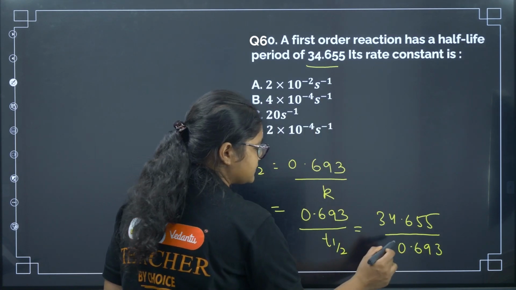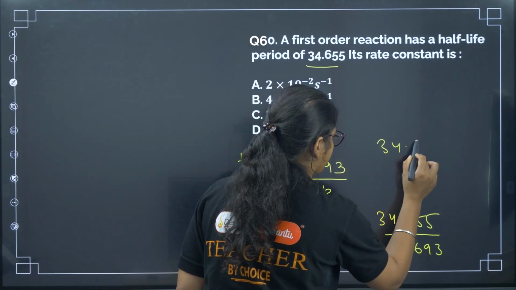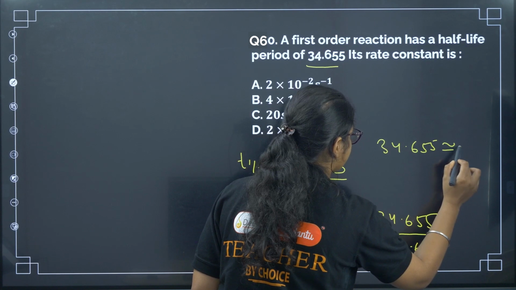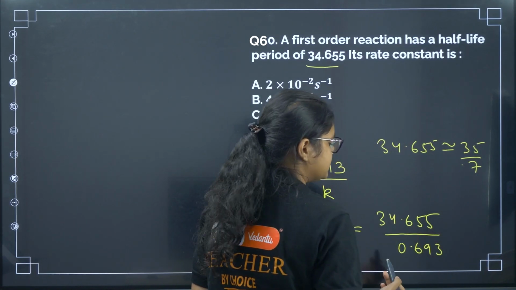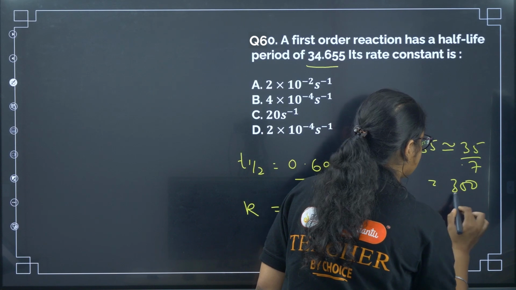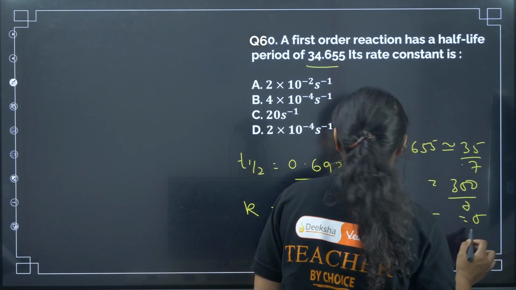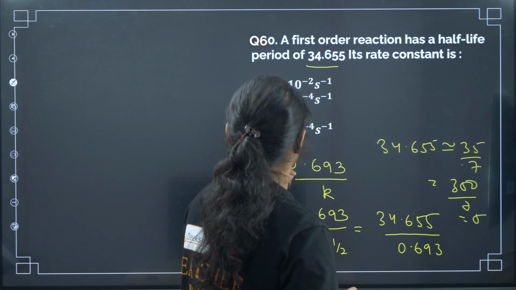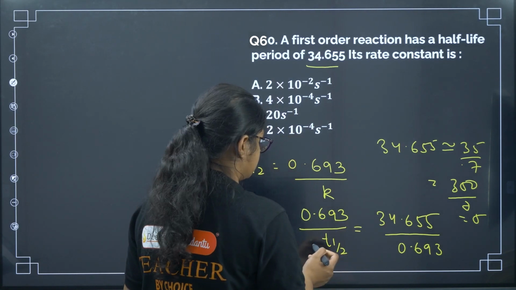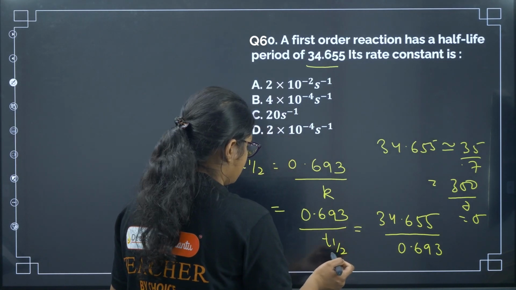So for easy calculation, let us round it off to 35, and 0.693 to 0.7. We need to calculate the rate constant.